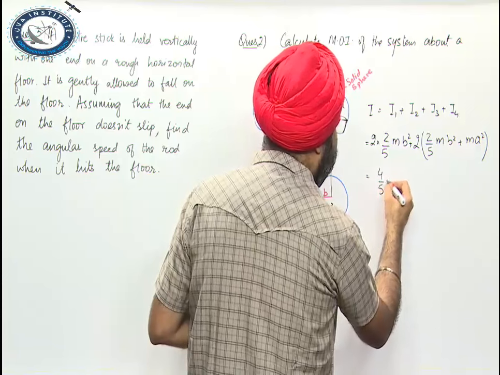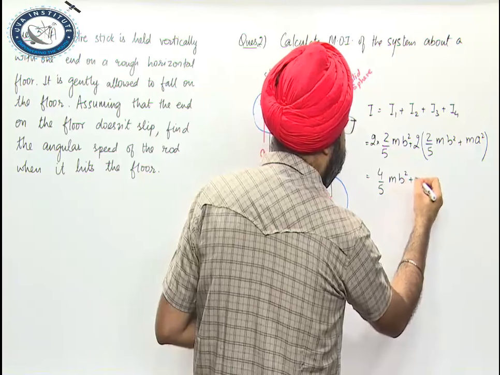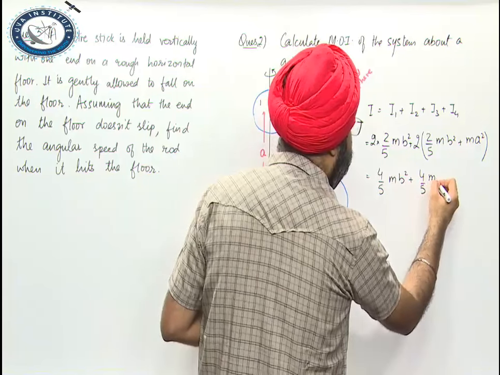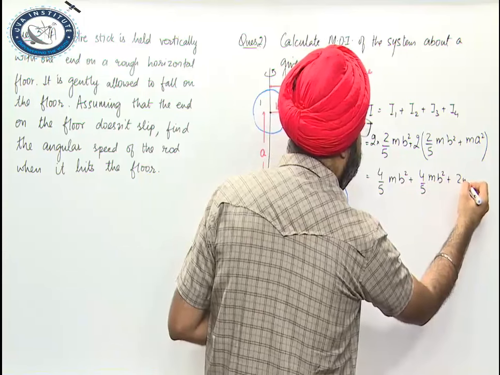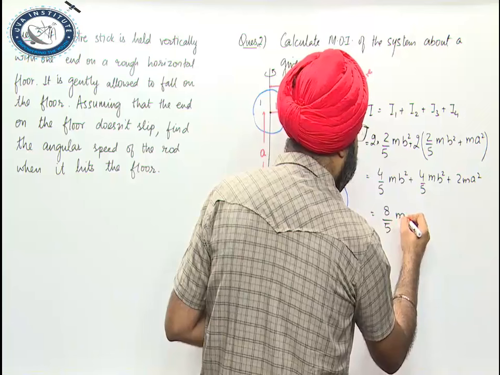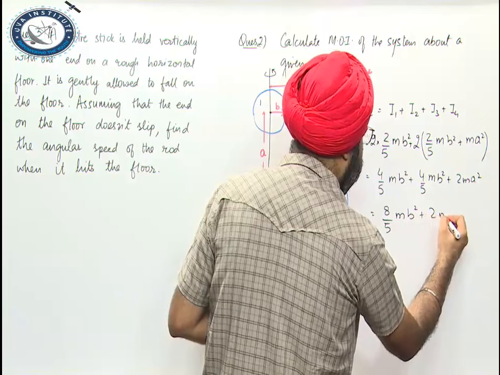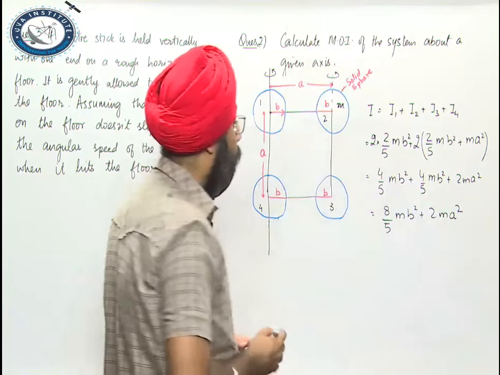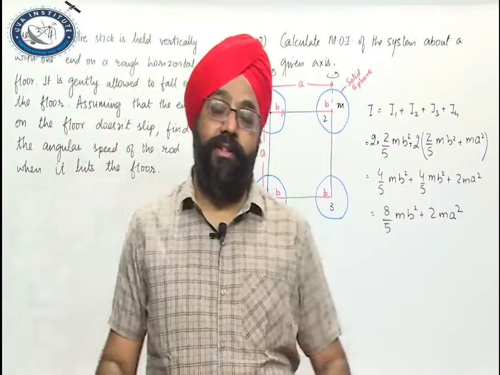So it is 4 by 5 m b square, 4 by 5 m b square, 2 m a square. It comes out to be 8 upon 5 m b square plus 2 m a square. This is my moment of inertia.